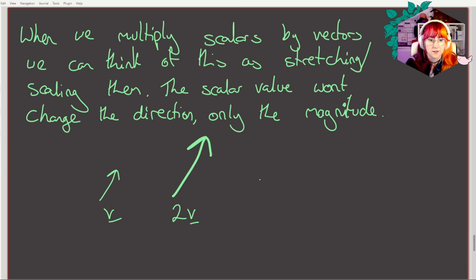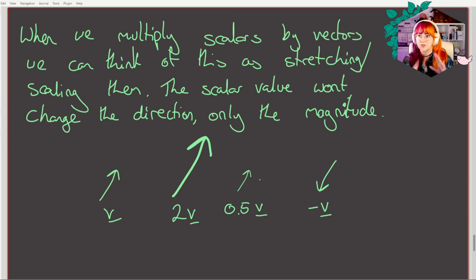I can halve it and get 0.5v. Or I can go in the opposite direction and get minus v. So when you multiply by a scalar, you can stretch it and shrink it.